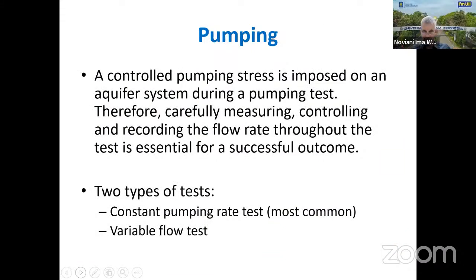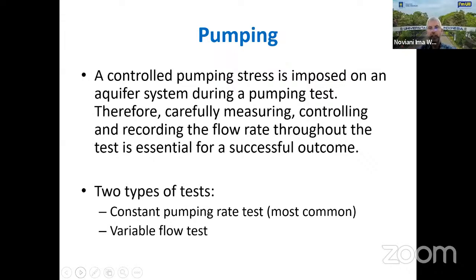So now we're ready. Let's say we have done our homework. We have our pumping well. We have our observation well. We have talked to the neighbors, asked them not to pump their well. So the next question is, how much shall we pump? How much water do we want to pump? And this is where it gets interesting. How much water you pump depends on the hydraulic conductivity of the aquifer and the transmissivity.